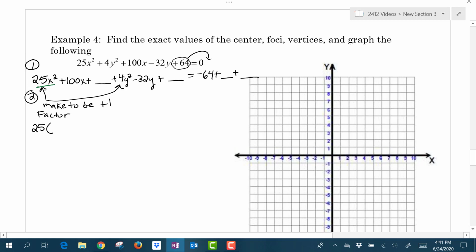Now when you factor out a 25, you're essentially dividing out each of these terms by 25, including the number we don't know what it is yet. Alright, so that's an x squared. 100 divided by 25 is plus 4x. Number we don't know, still number we don't know.